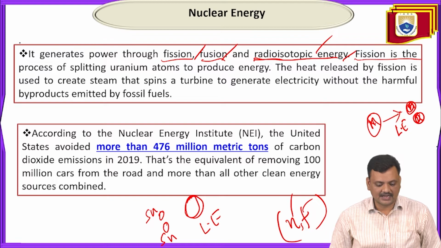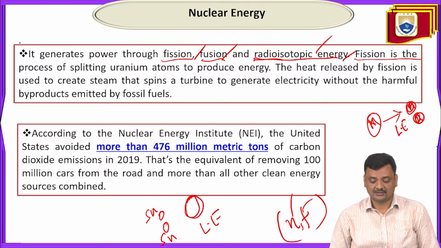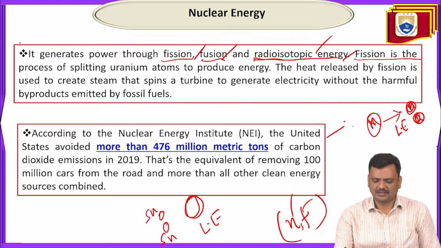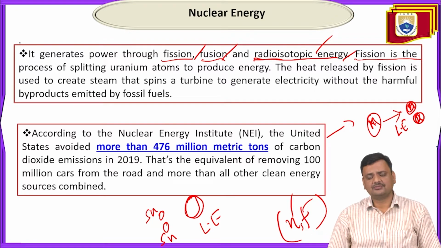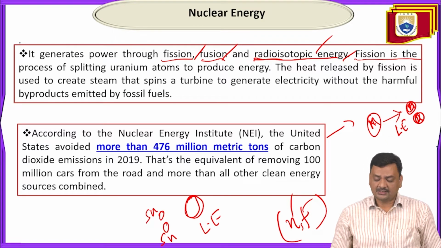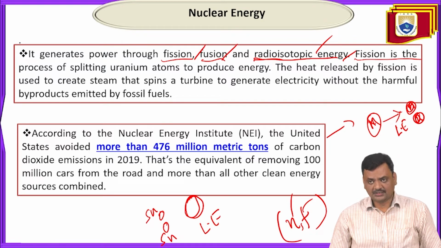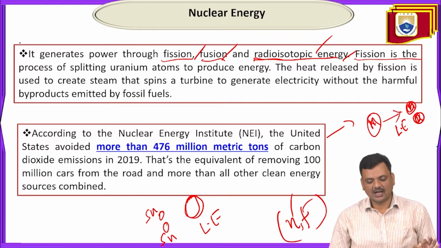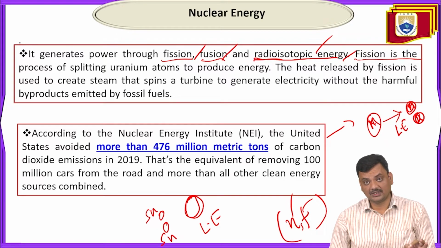Now, according to the Nuclear Energy Institute, NEI, an agency working in the United States, nuclear energy helped the United States avoid more than 476 million metric tons of carbon dioxide emissions in 2019.